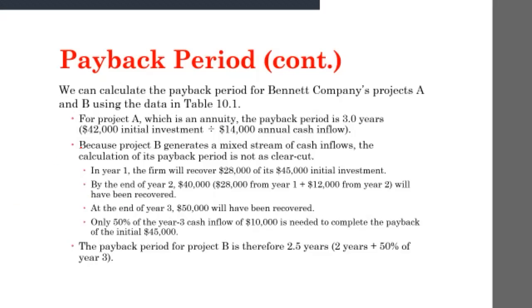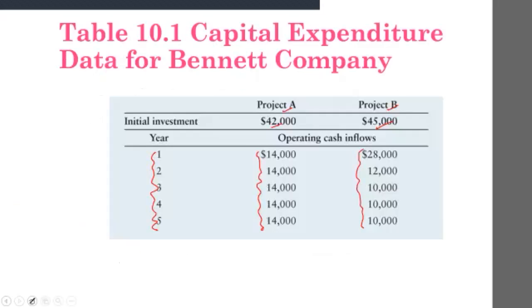How did we get 3 years? 42,000 initial cost divided by 14,000 annually. Now let me take you back to the table. So 42,000 divided by 14,000 gives us 3 years. It basically means it will take 3 years to cover the initial cost. So that's the payback period.